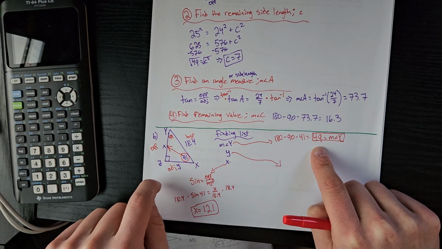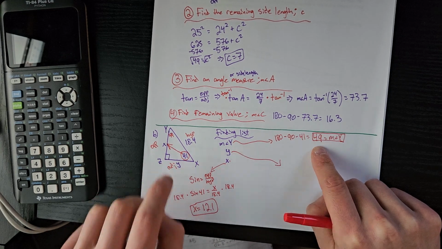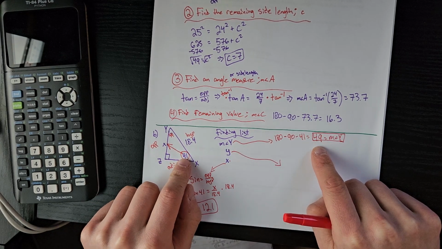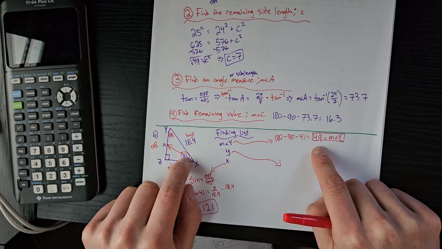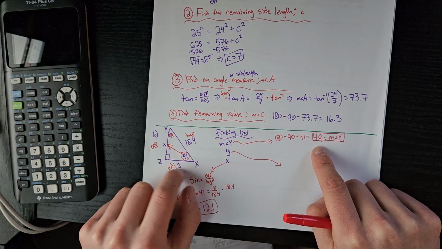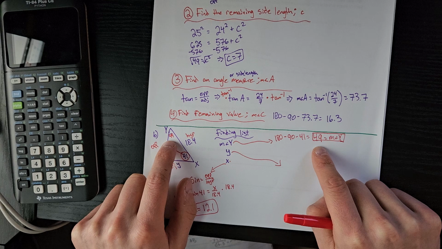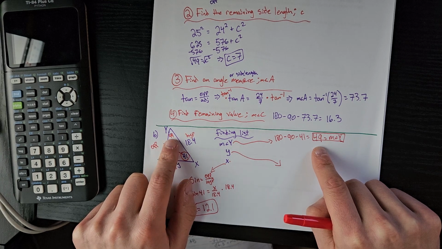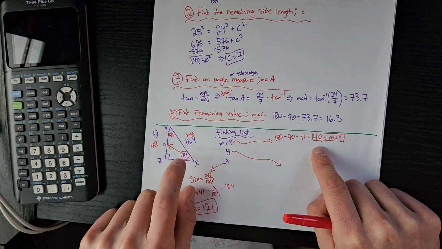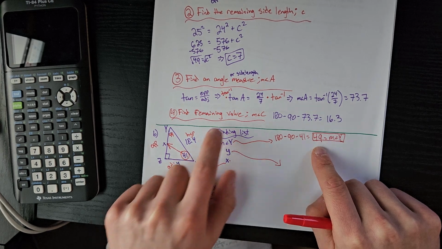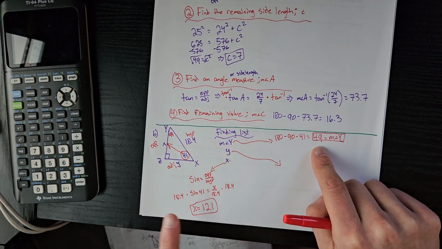I'm trying to find out everything with what I was given already. I was given this 41 at the start, so I'm going to use the angle 41 for everything. I know 49 is a clean number, but I'd rather not use it just in case it was wrong.